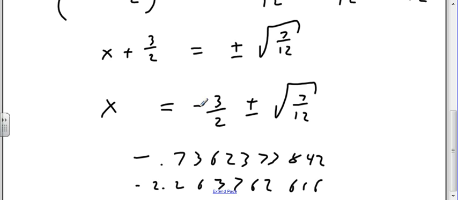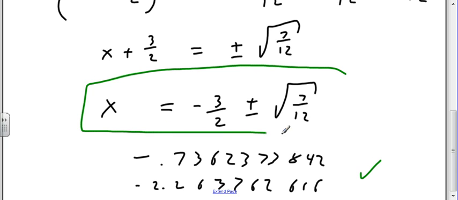And then we're going to go minus 3 divided by 2 minus square root of 7 divided by 12. Well, minus 2.263762616. Okay, well, that looks good. So it checks on my answer, but I would leave it that way if I was doing a completing the square problem.